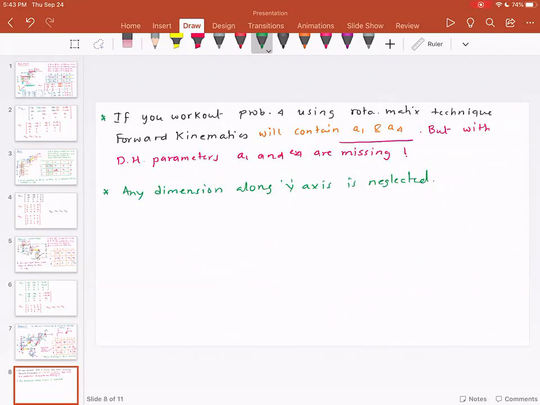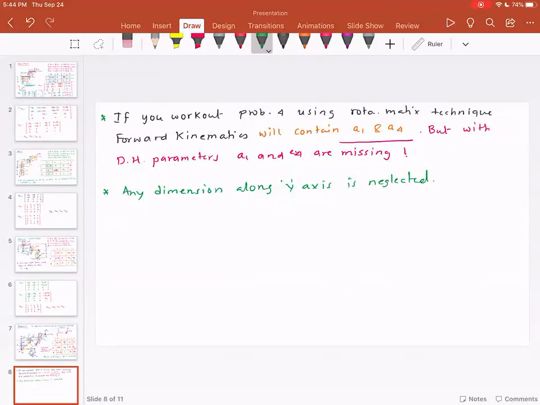And what you will have to do is go back and revise your coordinate system and kinematic diagram to make sure that your dimensions somehow either appear in R or appear in D. If your robot dimensions do not appear in R because they are not along Xn, or do not appear along D because they are not along Zn-1, your forward kinematics will be incorrect.